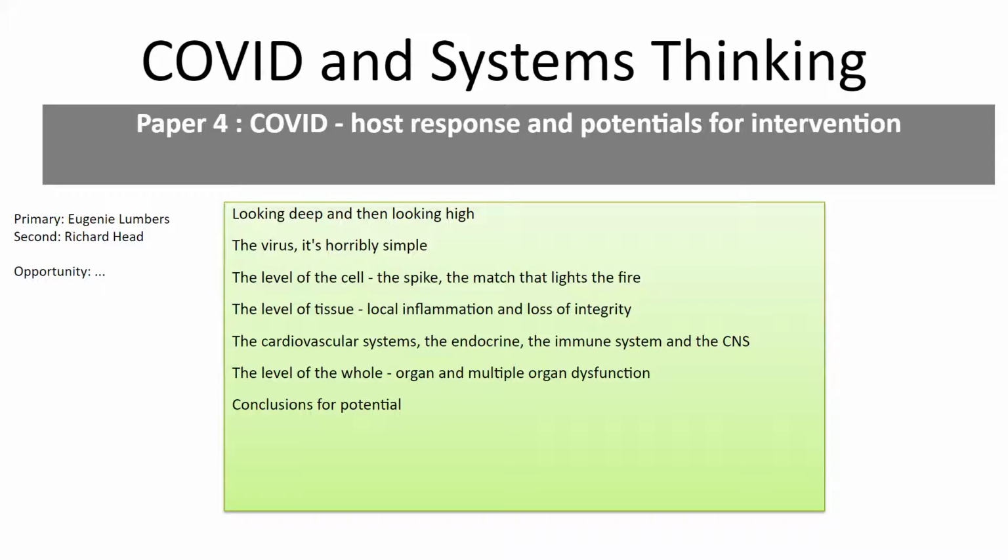A lot of the response is exactly the same, whether it's a toxic substance or whatever. And I'll try and marry that with the pathobiology of COVID itself. And then basically the rest of it falls out naturally.